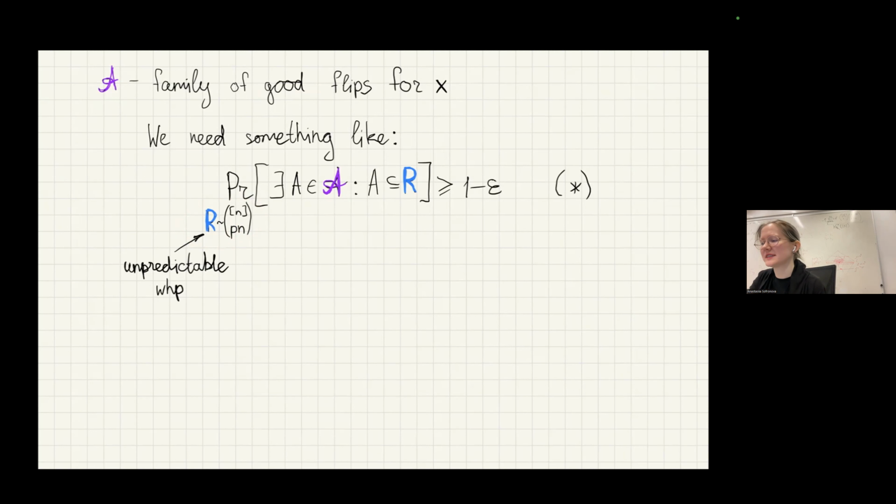So I know that if I sample this block uniformly at random, it will be unpredictable with high probability. And now I want to say that with high probability, I will actually have a good flip inside this block. So there will be some flip which is good and which lies inside the block. And this probability is high.